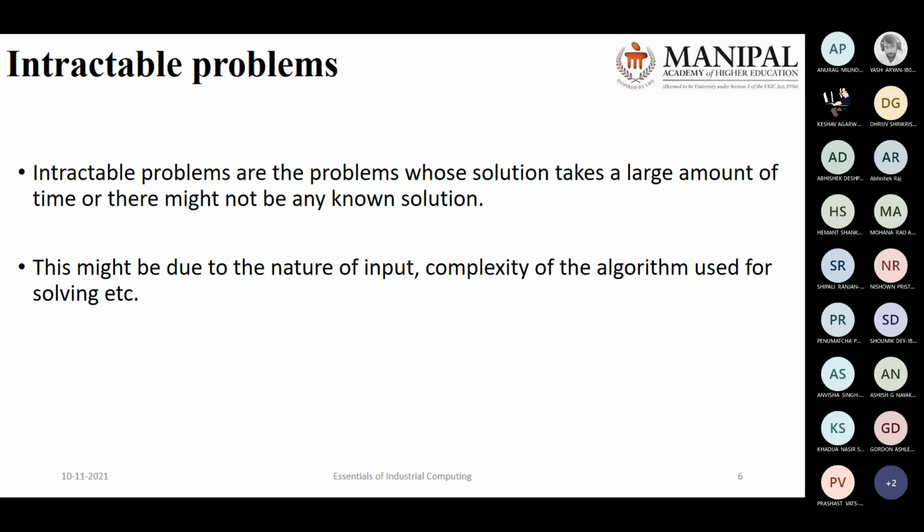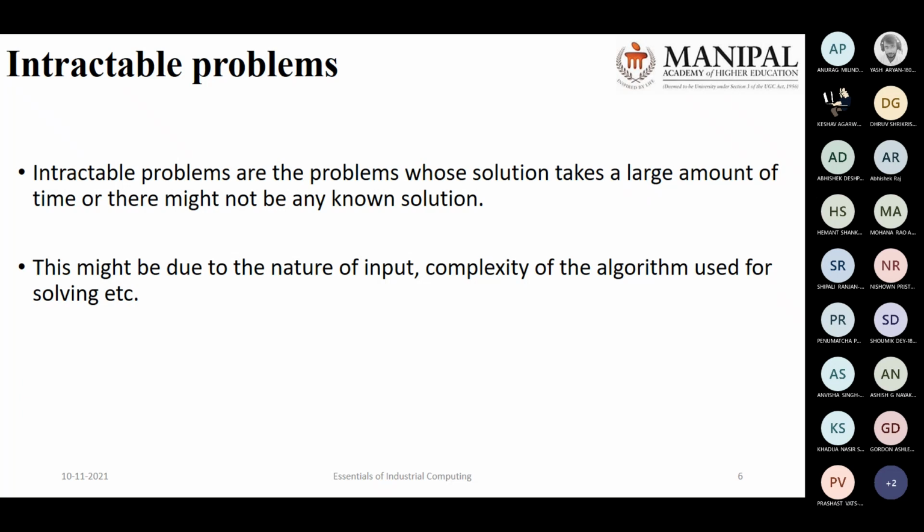So problems whose solutions might take a large amount of time, or for which there might not be any solution, are considered to be intractable problems. It is necessary to study those problems and analyze the algorithms to see if there is any feasible solution possible. Is there any scope for improving their time complexity?